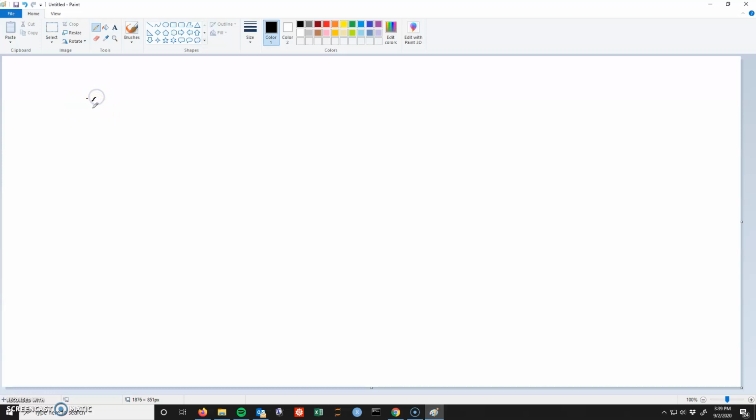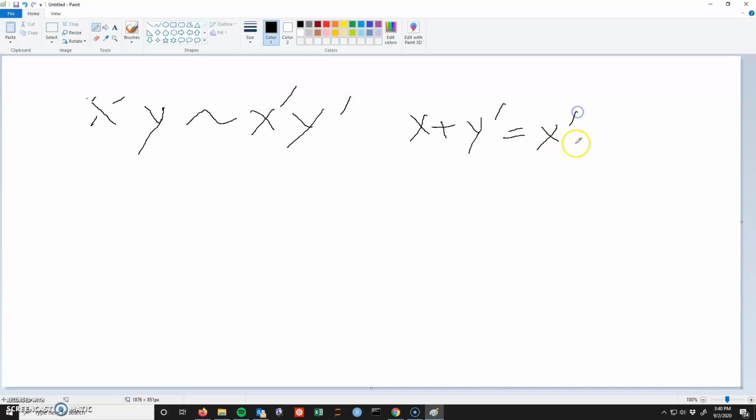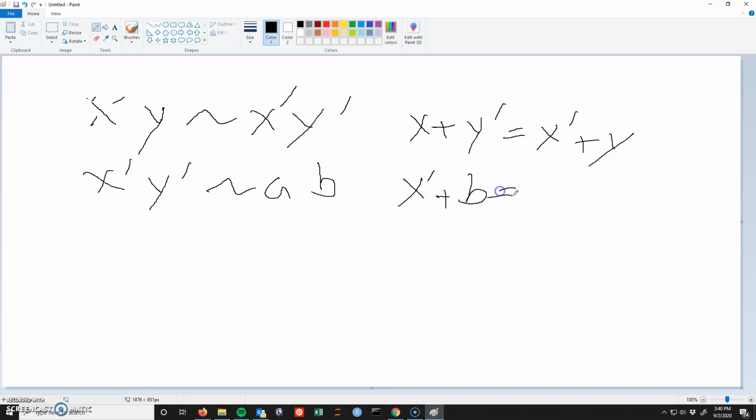So we'll say that (x, y) is related to (x', y') if x plus y' equals x' plus y. We need another pair, so generally when I do the other pair, I'll say something like this.